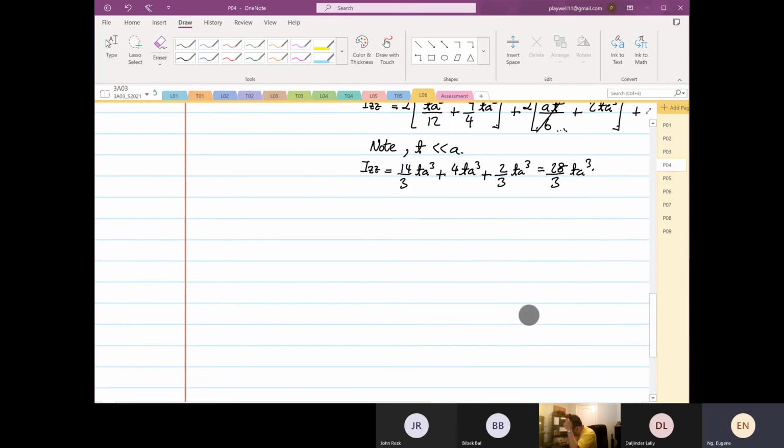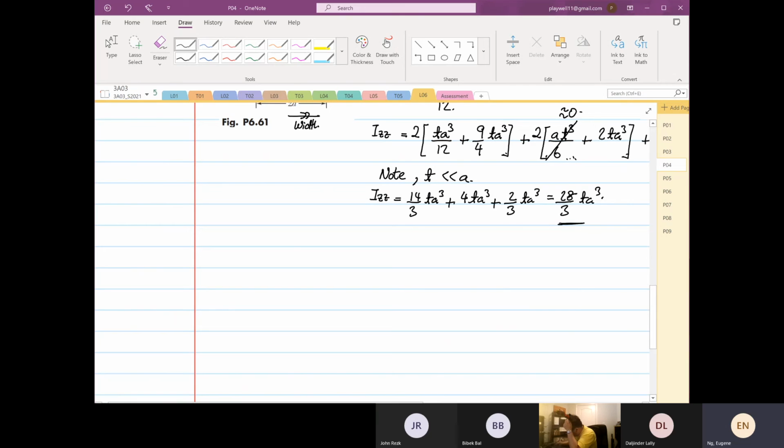So we know our I, and we're going to find the shear stress in each section.